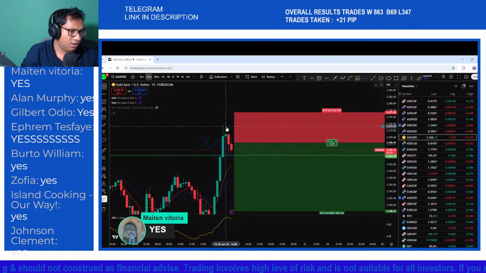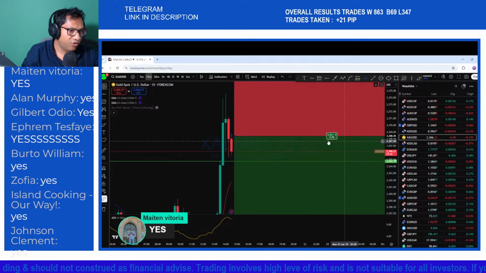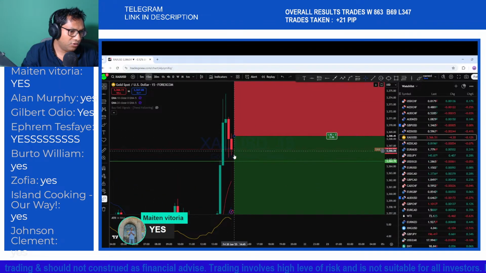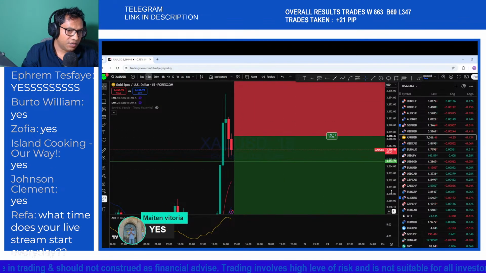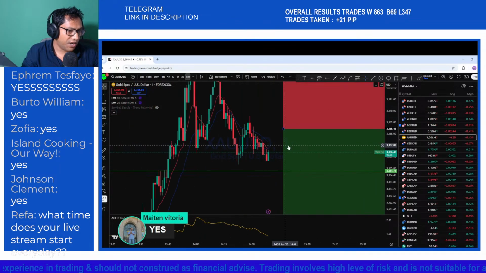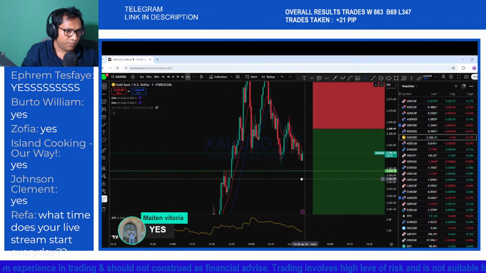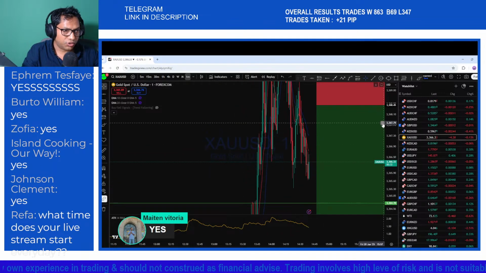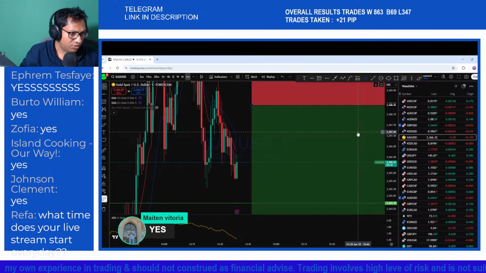Here is the long wick doji, followed by a bearish candle, followed by another long wick in that area, giving us a sign for this price to potentially trend back down here.